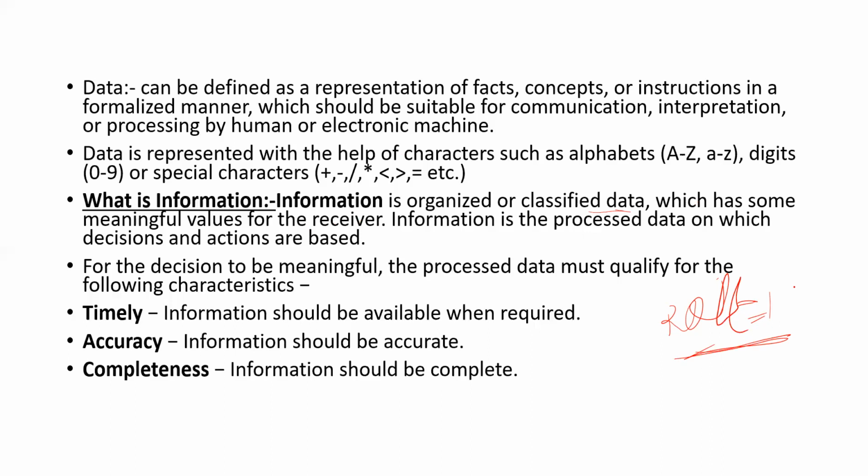Now information and data are very useful for taking a decision. We write algorithms and programs for taking decisions. For a decision to be meaningful, the processed data must qualify for the following characteristics. What are the characteristics of information? The information should always be available in time. Suppose I want to go outside and it may rain, but I have no knowledge of the weather.